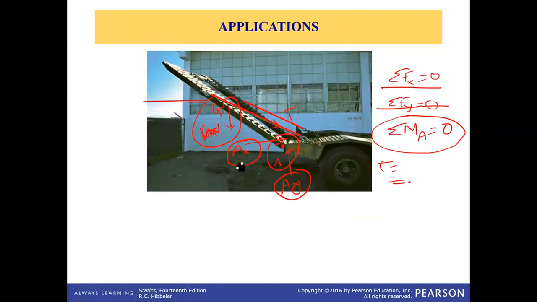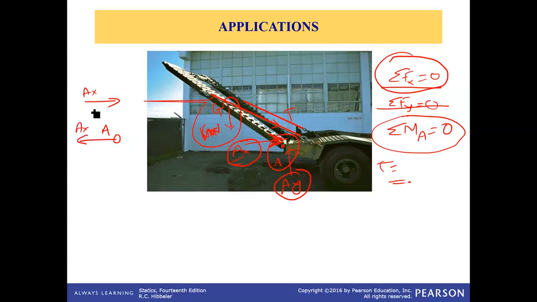Say we are solving for the horizontal support reaction AX, and we have assumed that AX will act in this direction. But when we solve the problem and we get a negative number for AX after applying sum of the forces in x equal to 0, it means that AX is actually going this way. So AX still acts here, but it goes in the opposite direction.